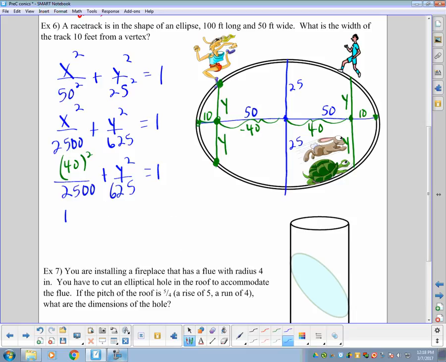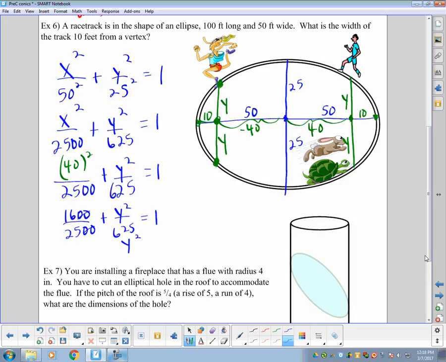So it's 1600 over 2500 plus y squared over 625 equals 1. I'm going to subtract. Well, let's lop off some zeros here. How about if I subtract 16 over 25 from each side?